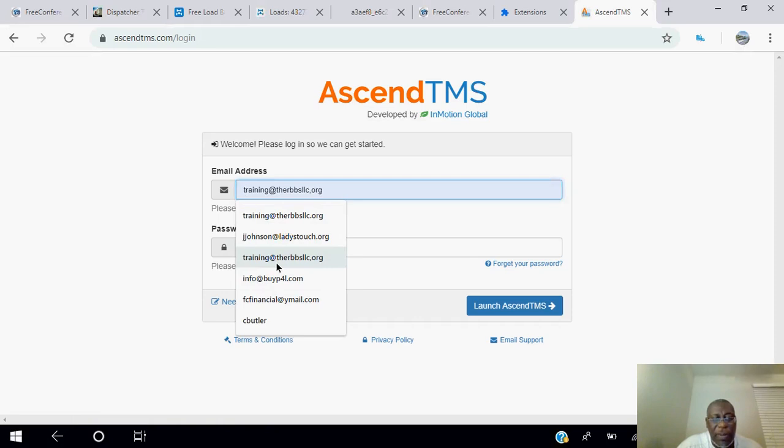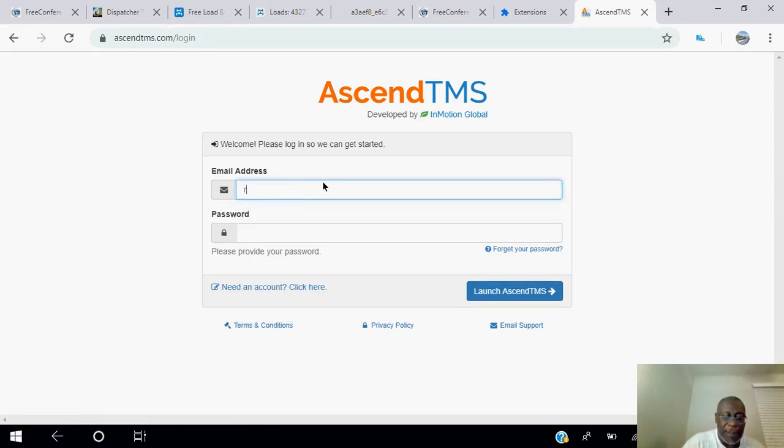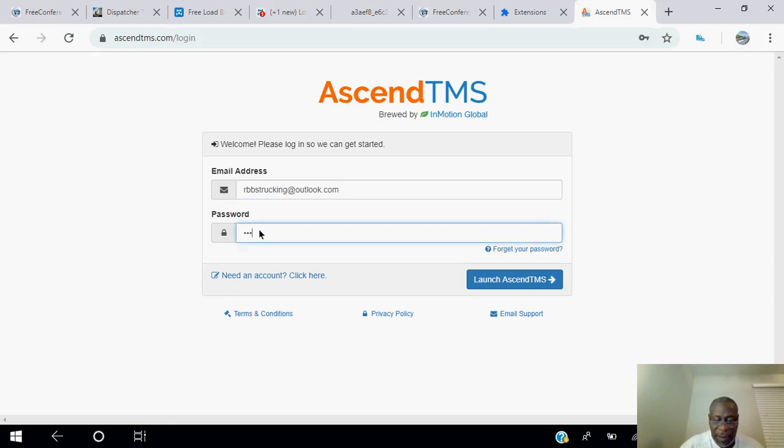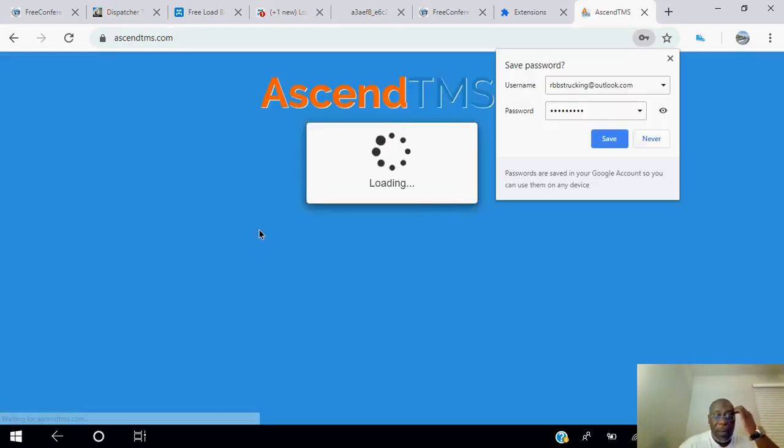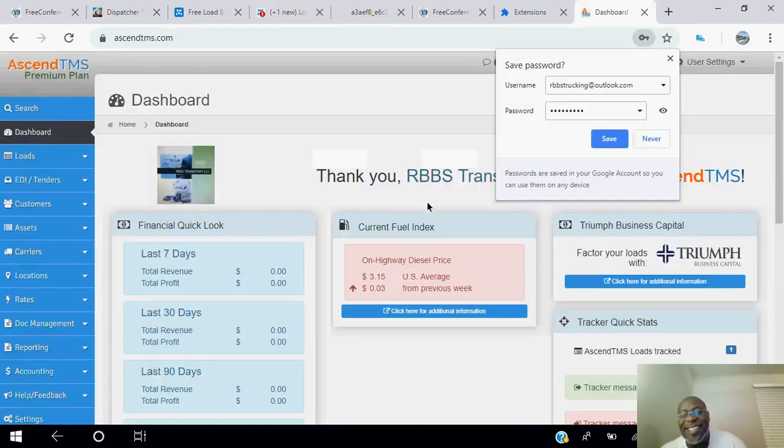Nope, I don't have it memorized on that one. I got to type it in. I don't even remember what my password was. Voila! I got it right.